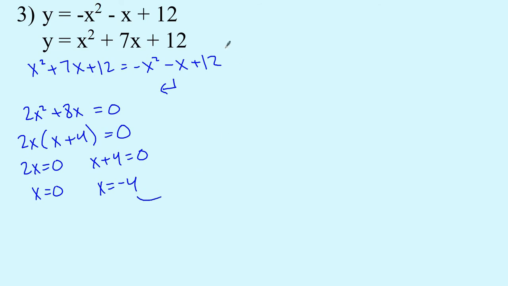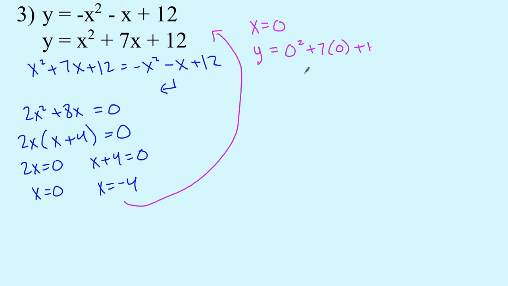Plug them in. It does not matter which equation. So x is 0, so y equals 0 squared plus 7 times 0 plus 12, so our first solution.